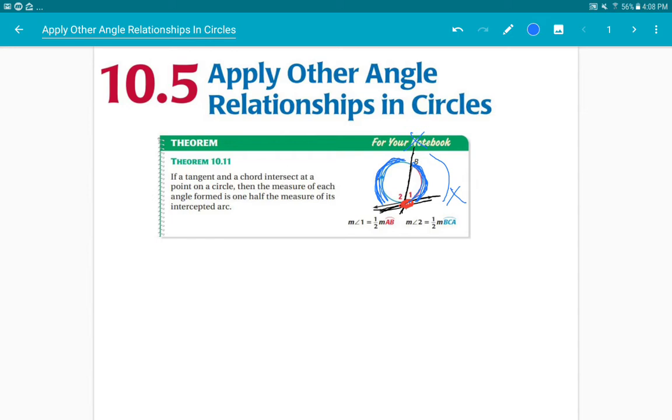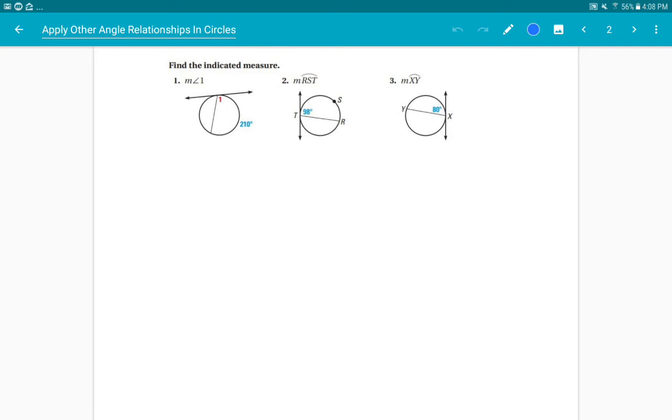All right, so this is just the case where we have a tangent and a chord, not like before where we had two chords or two secants. Okay, let's take a look here.